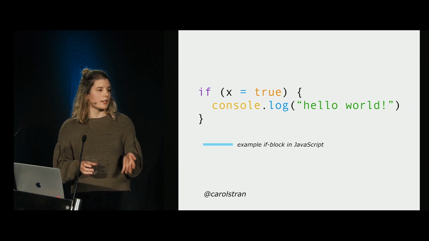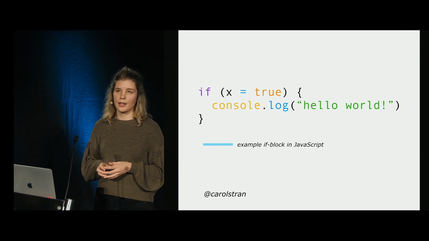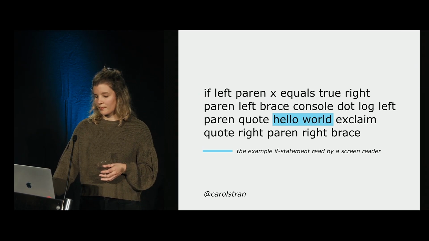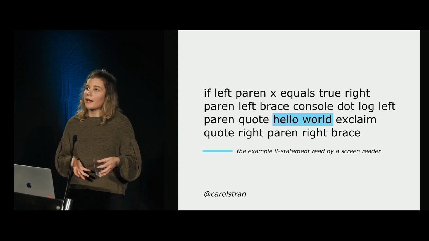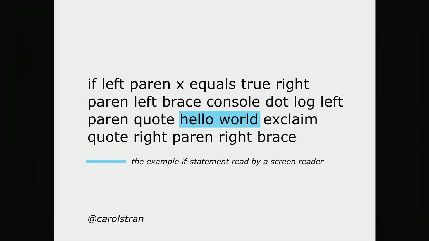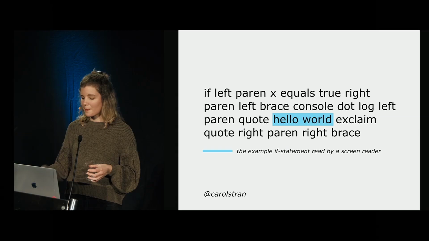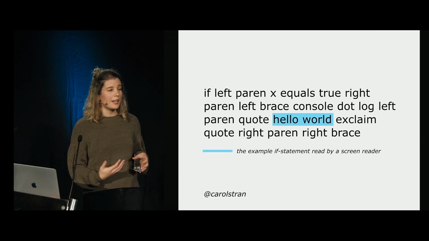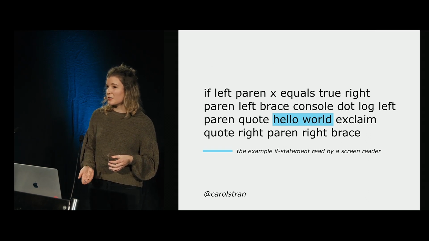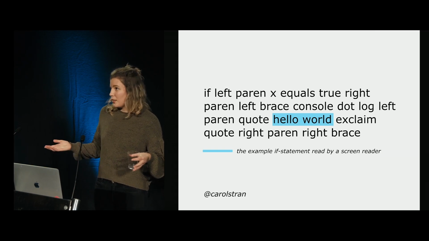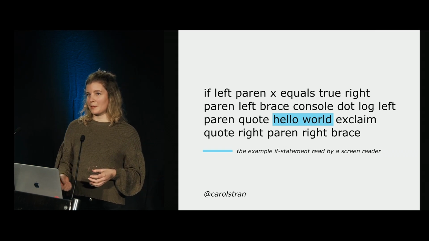We have if x equals true, console.log hello world. But this is how it would be read out by a screen reader. Some users will turn off notifications for parentheses and brackets, or maybe substitute left brace for lace. And while it may look kind of verbose to us who are sighted users, it is accessible, and it's possible to make them accessible.